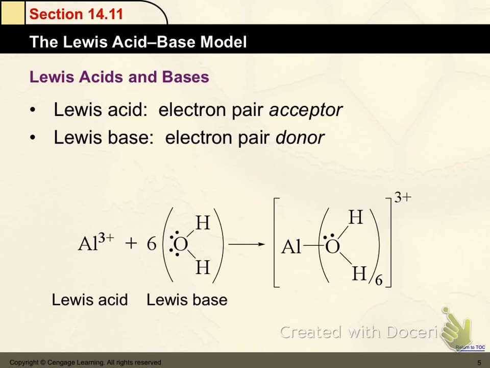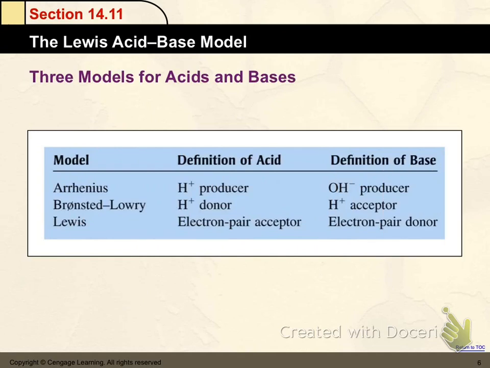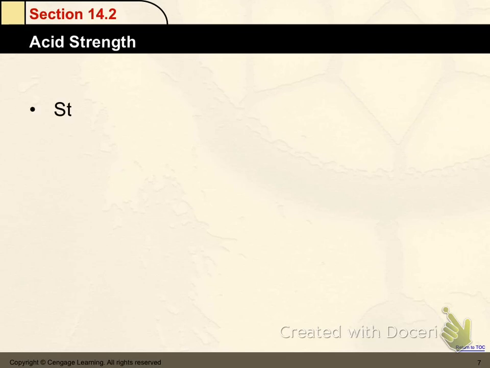On the right side, we don't have a conjugate acid or a conjugate base. We have what we might call a complex ion, something that rears its head in chapter 15. Okay, so those are our definitions. And here is a broad table that encompasses those definitions. Again, we'll see the first two, Arrhenius and Bronsted-Lowry, quite often.